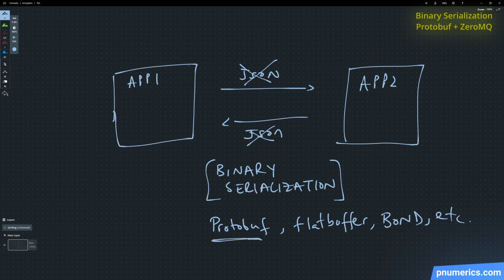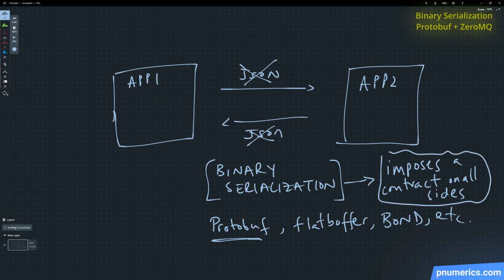So the sending side and the receiving side of your applications agree on this contract on how one side is going to be sending the messages and how the other side is going to be receiving the messages. And I think that performance is a secondary benefit, and the primary benefit is correctness. You want your programs to be correct before you worry about your programs being fast. And in this case, you get both. You get reliability and you get an order of magnitude speedup in performance over JSON.